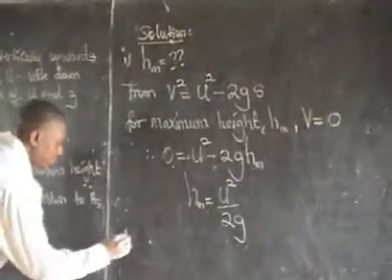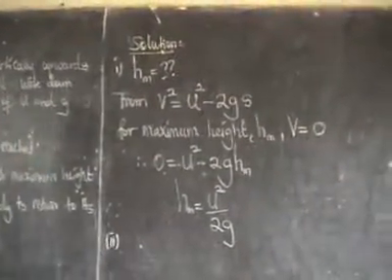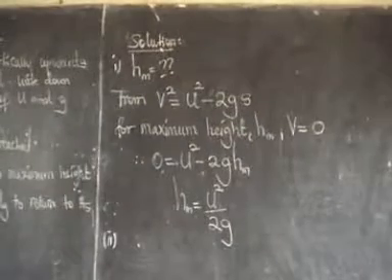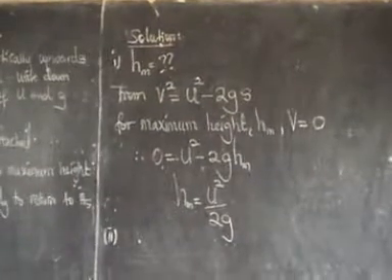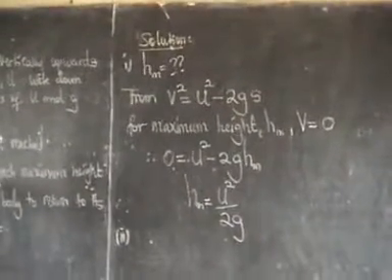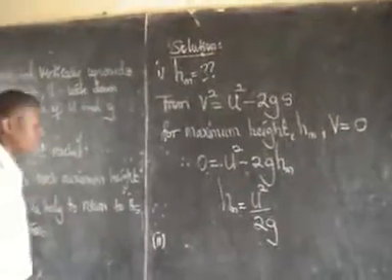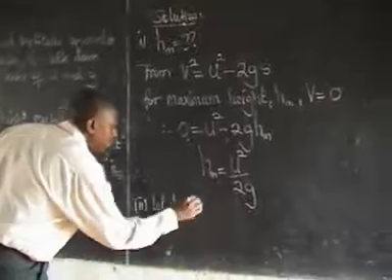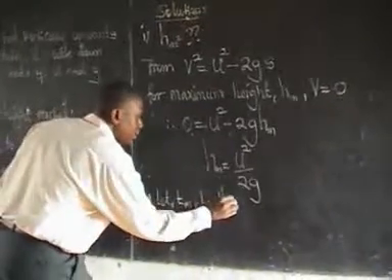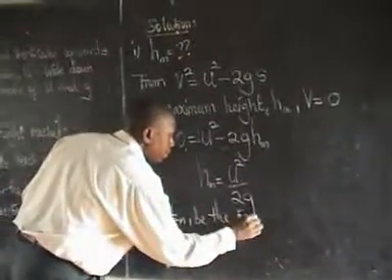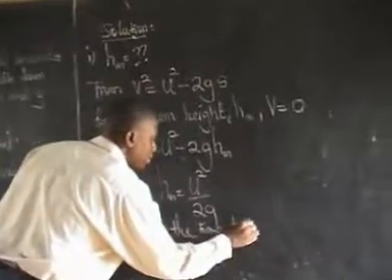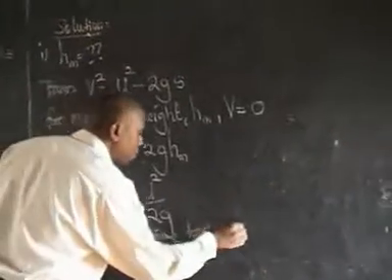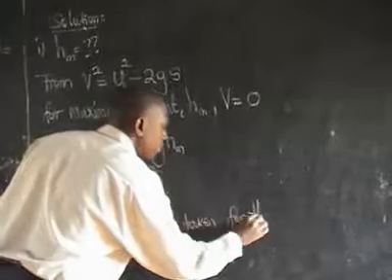Roman 2, time taken for the body to reach maximum height. Let Tm be the time taken for the body to reach maximum height.